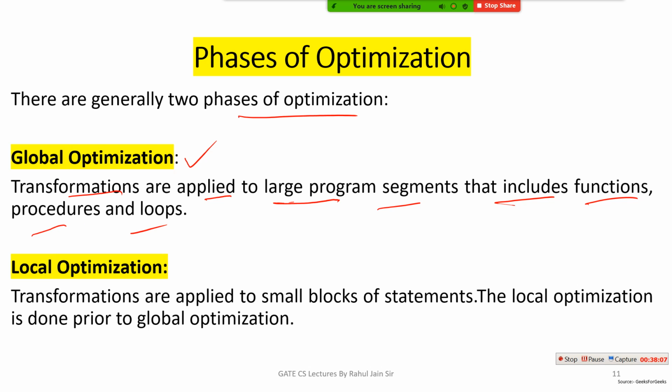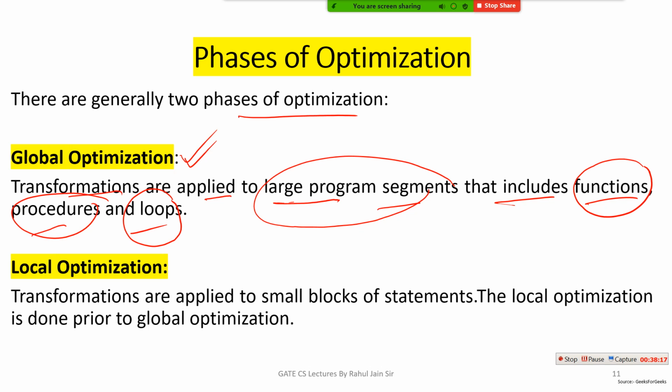And if we talk about local optimization, transformations are applied to small blocks of statements. The local optimization is done prior to global optimization.